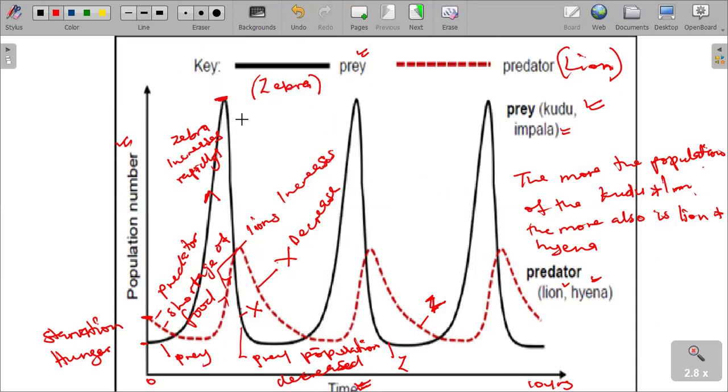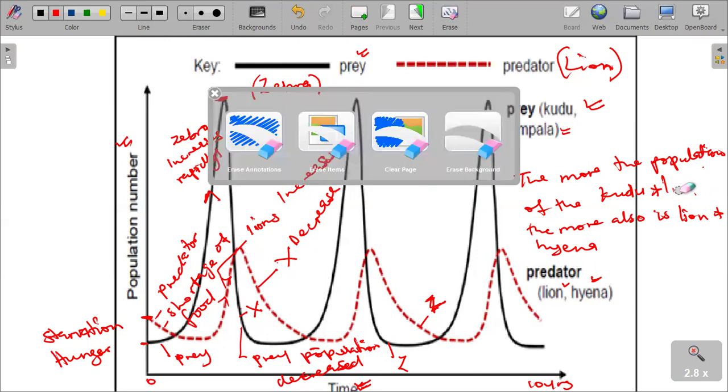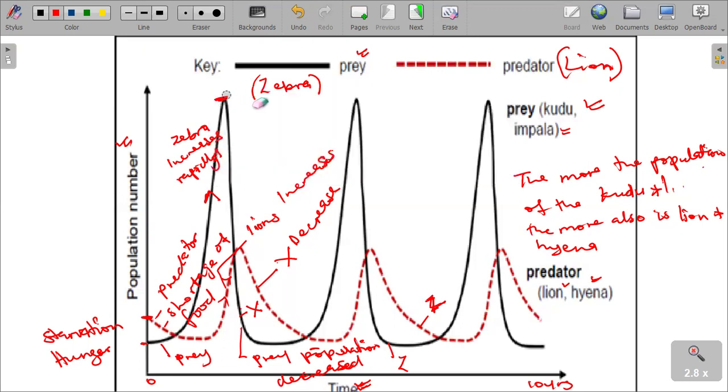So please understand that what must be taken note of is the fact that these populations must balance. In any case, they cannot balance equally, but in order to have a healthy ecosystem, the prey must be more than the predator.